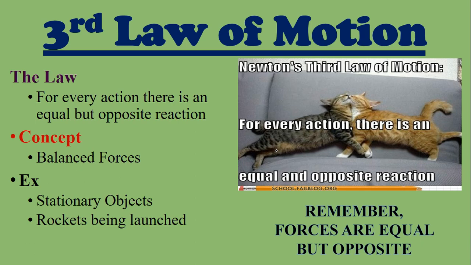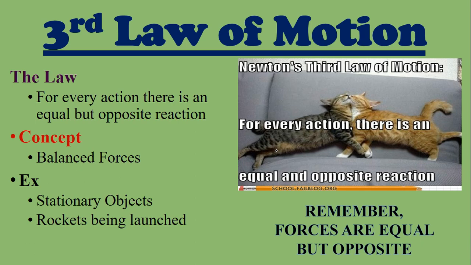If you look at something stationary around you, there's a force acting down on it, but there's also an equal force acting up on it, so it stays where it's at. Or you can think about rockets being launched to space. There's a force pushing down on the ground, causing the object to accelerate into space.